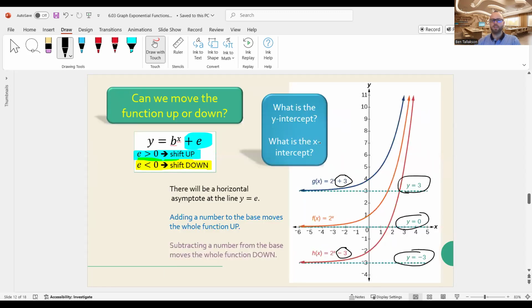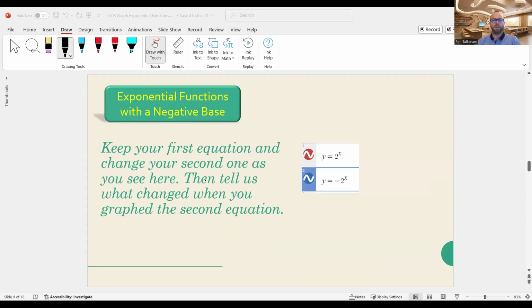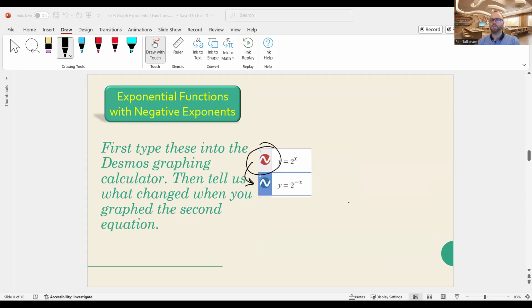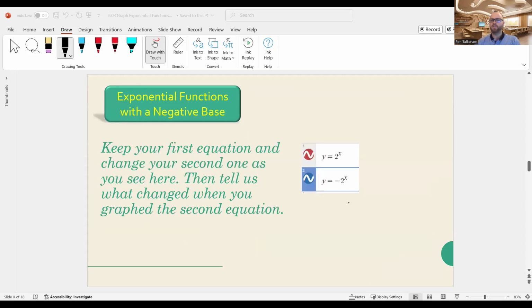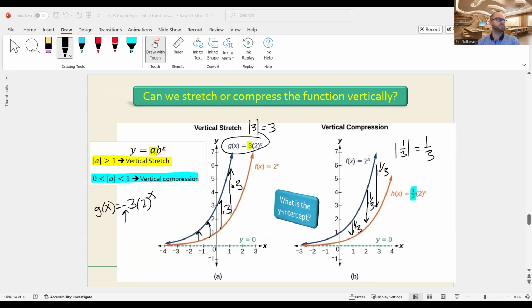Let's go back for a second. Sorry, things are moving around a bit. Right here is when we did that, right? First we did the exponent, then we did the base. Do you remember what happened when the base was negative?